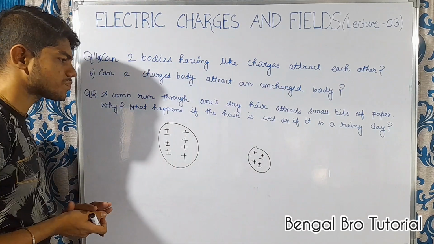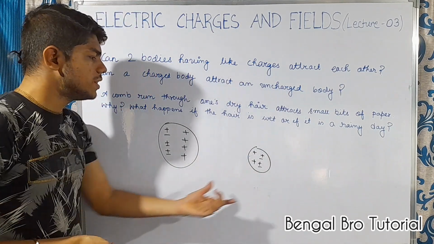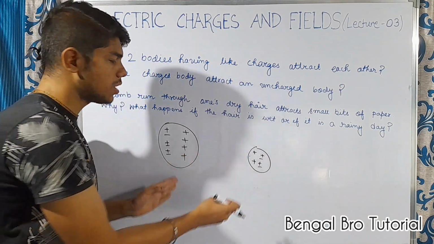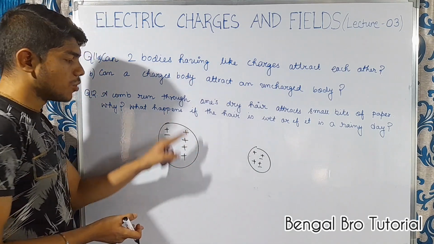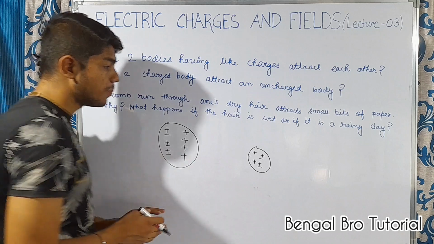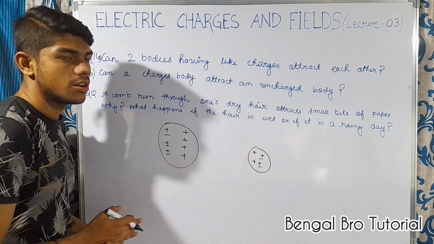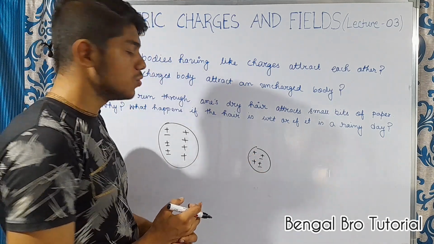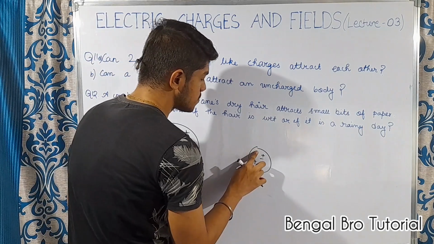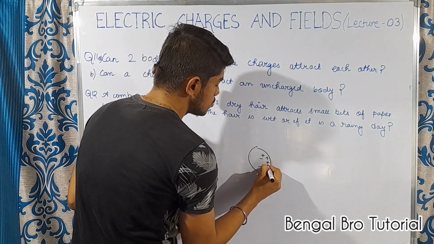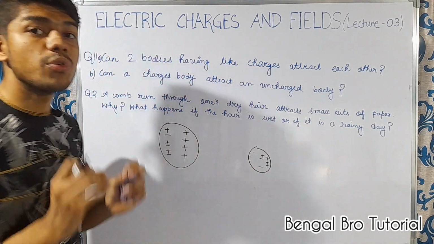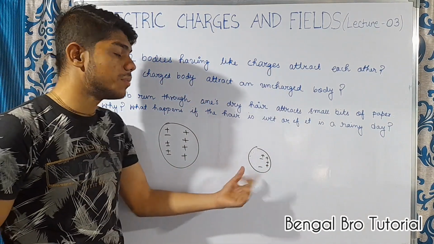Now, when these two bodies are brought closer to each other, this positive charge will repel the positive charge on the other body due to induction. And this positive charge will now move to the other end. So you can see there is a temporary electrification developed in this body.